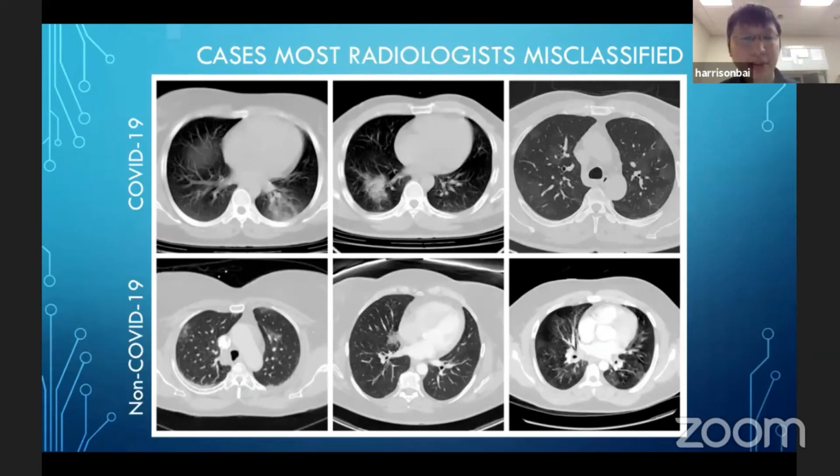And similarly on the bottom, the non-COVID-19 case that was misclassified as COVID-19. You can see that the appearance is not the typical one that you would see for COVID-19.